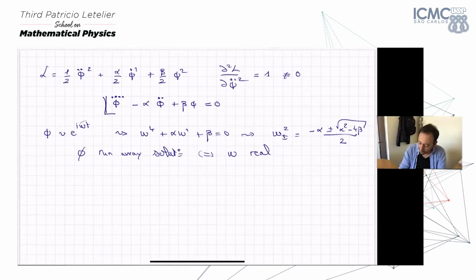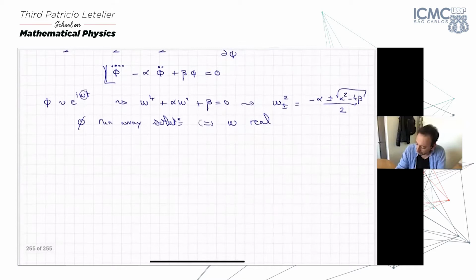If omega is real, we have just oscillations, and then we don't run into problems. If omega has some complex part, because we will always have both conjugate values, plus complex and minus complex, one of them will diverge exponentially. So we want to impose that the 4 roots of omega here are real.